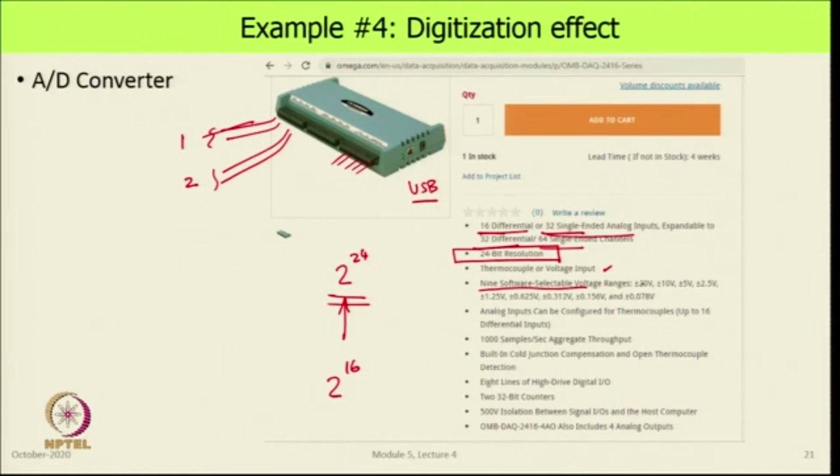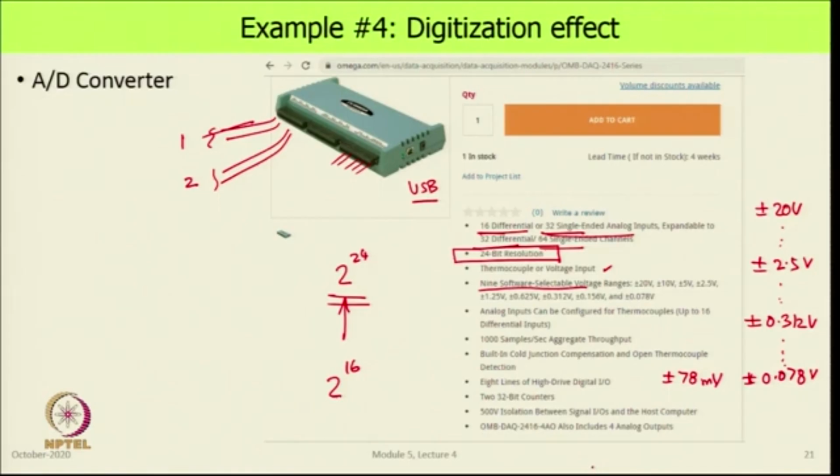The range varies from the top here, plus minus 20 volts, then 10, 5, then plus minus 2.5 volts, and then it comes down to plus minus 0.312 volts, and the least it can take is 0.078 volts, or plus minus 78 millivolts. So, it gives you a lot of flexibility here.